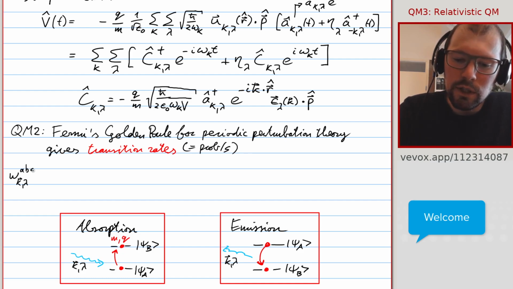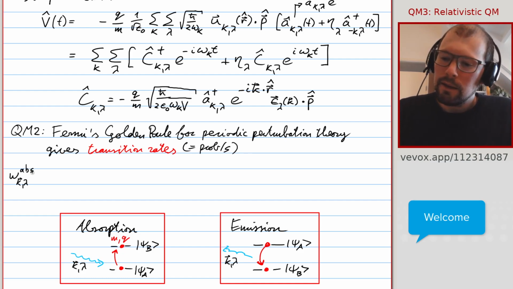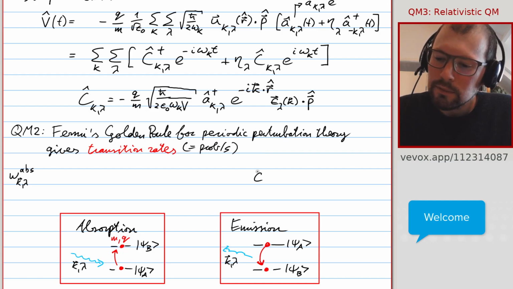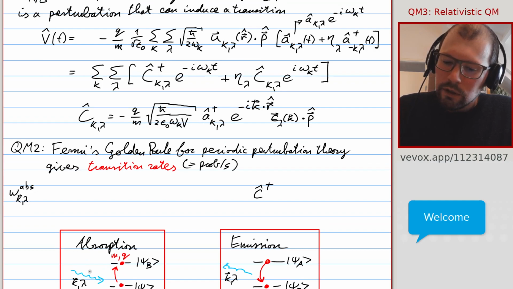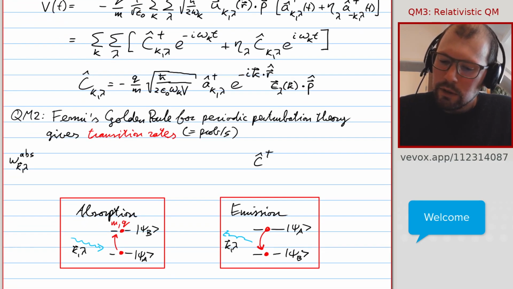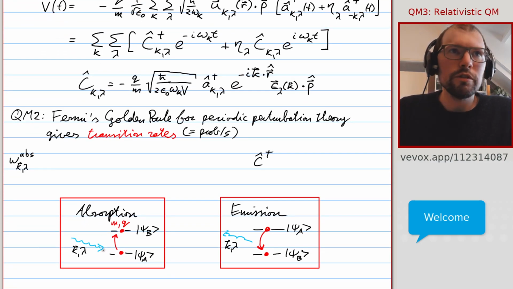So what could this look like? To get an absorption, we want to destroy a photon.